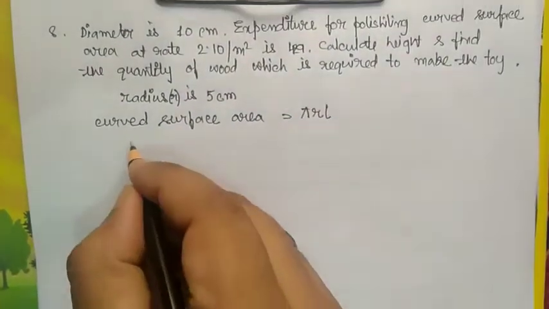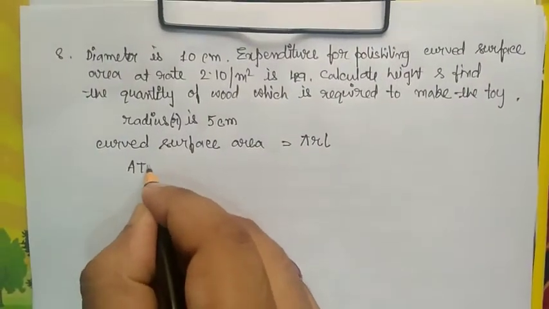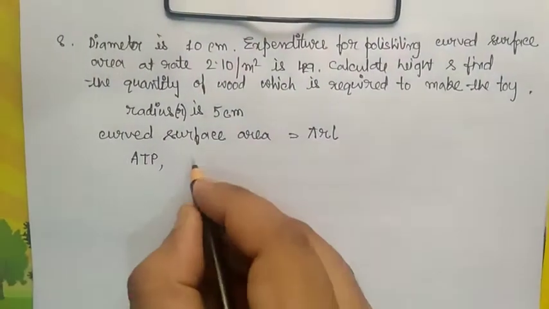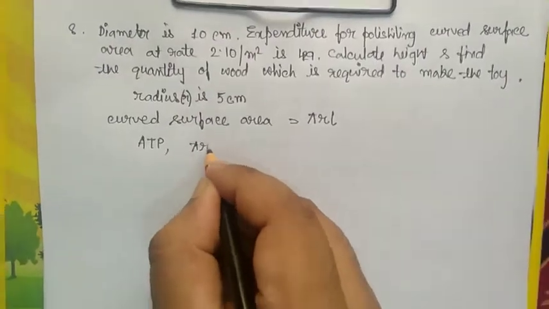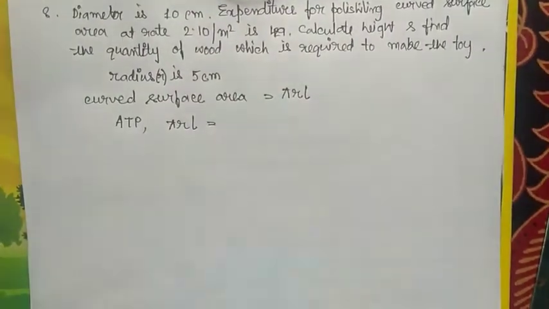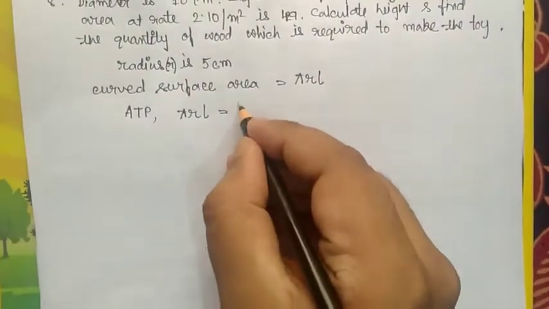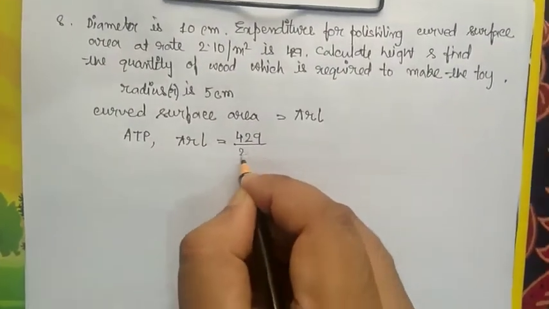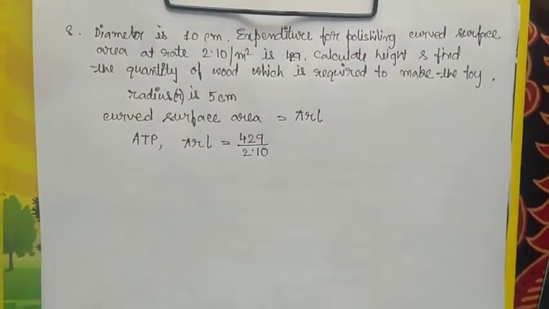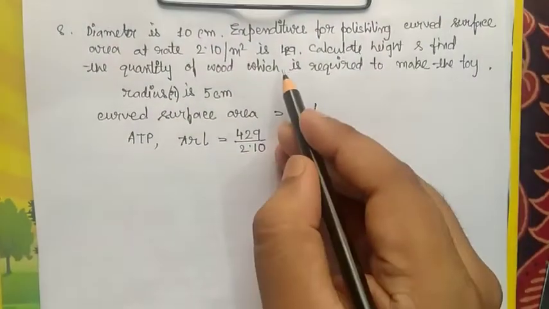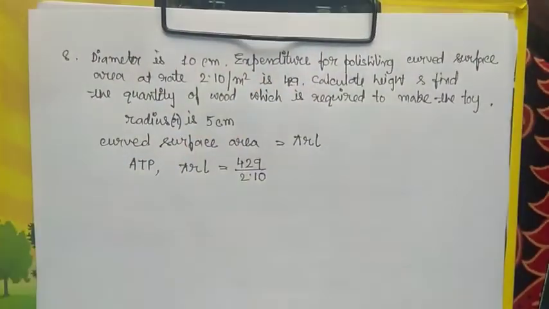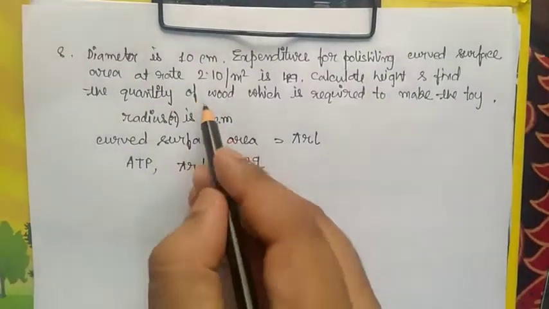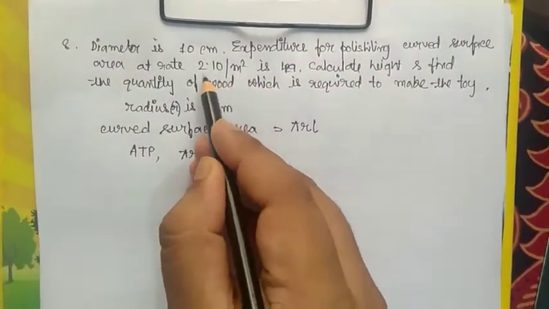So therefore, according to the problem, we can write that pi r l equal to 429 by 2.10. We know the total cost is 429 and per meter square cost is 2.10.